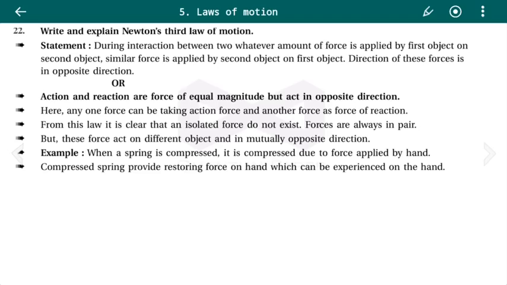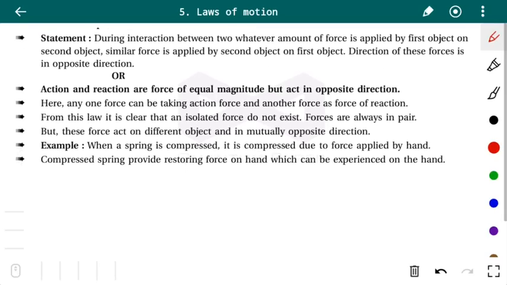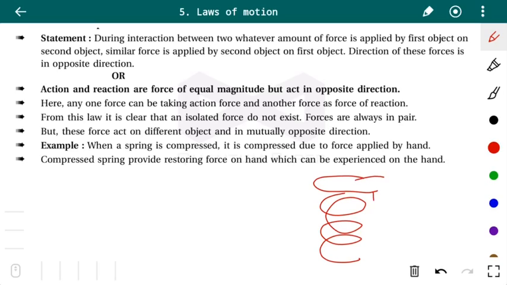Example: when a spring is compressed, it is compressed due to force applied by the hand. The compressed spring provides a restoring force on the hand, which can be experienced on the hand. So we have this another example. Suppose there is a spring, then with the help of the hand the force is applied on the spring and the spring gets compressed.